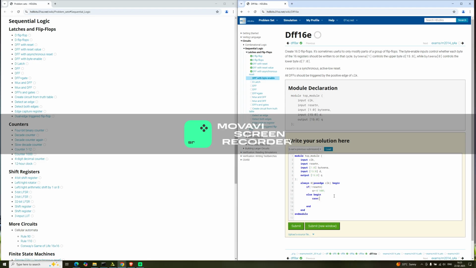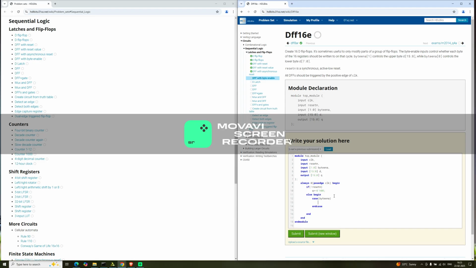So in the case statement, we have byte enable. If we start a case, we should end the case. Now we'll go through the cases one at a time. Let's say we have byte enable where the higher MSB is 1 and the other is 0. Then what will be the condition?